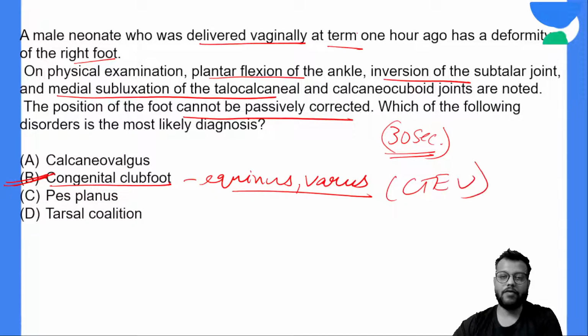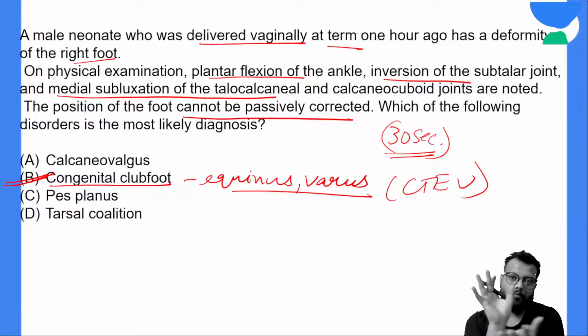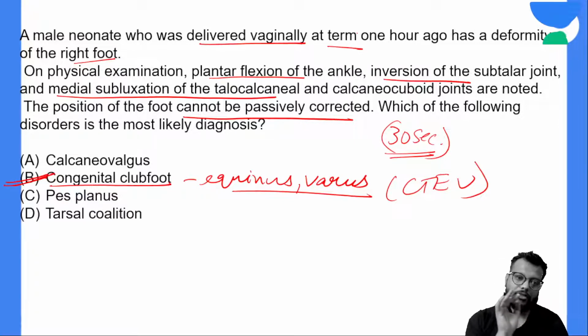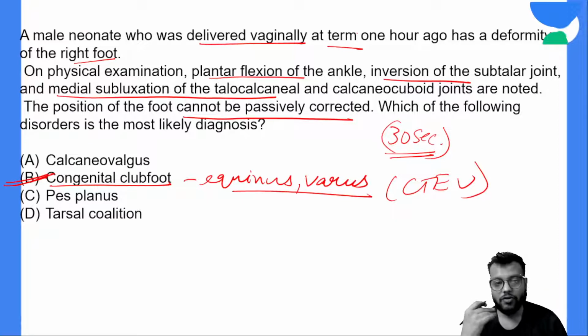In calcaneovalgus, in a neonate there will be dorsiflexion, that is towards the shin of the tibia. So this is calcaneo, and valgus means there will be eversion or lateral subluxation, so it is not calcaneovalgus.